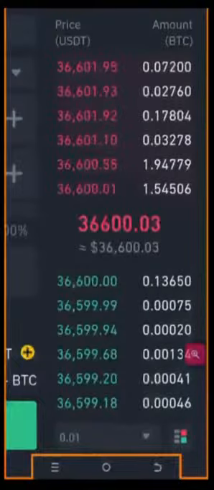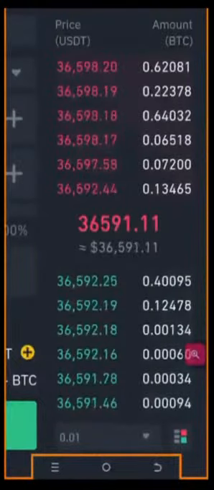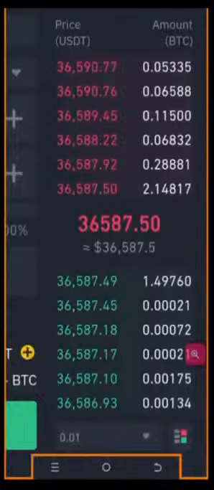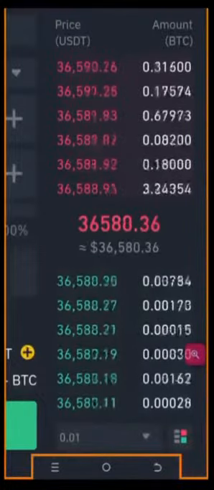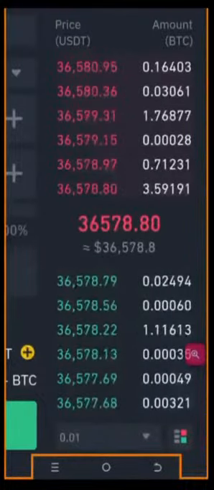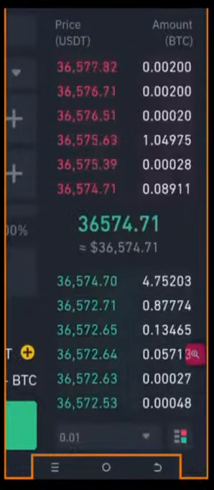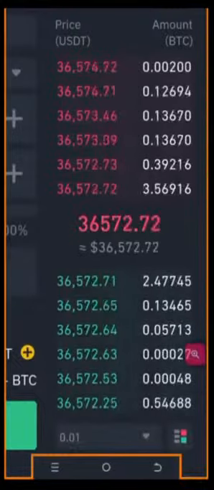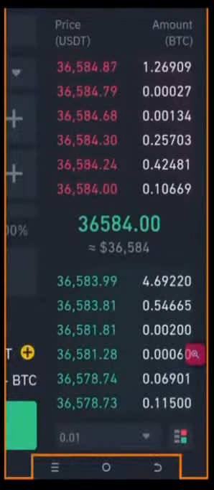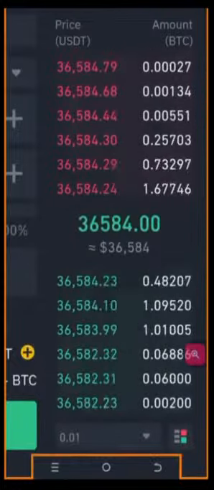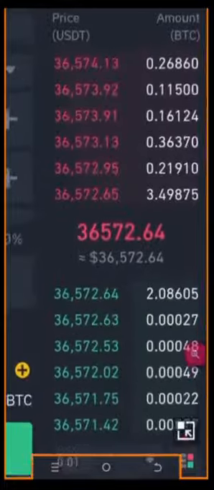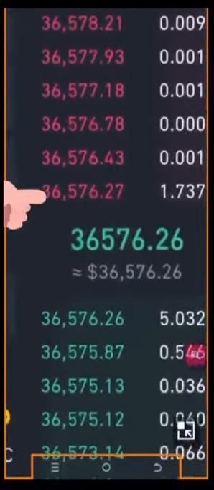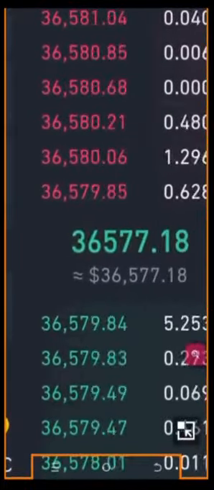Don't choose the center price because it's not going to execute immediately, except it's BTC USDC, which is always flipping and flopping because of the velocity, so it definitely will execute faster. But if there are other trades that you want to take, maybe different pairs, you have to choose a higher price. That is the first red. This first red, 3657276 and all of that, is the first red I'm referring to.